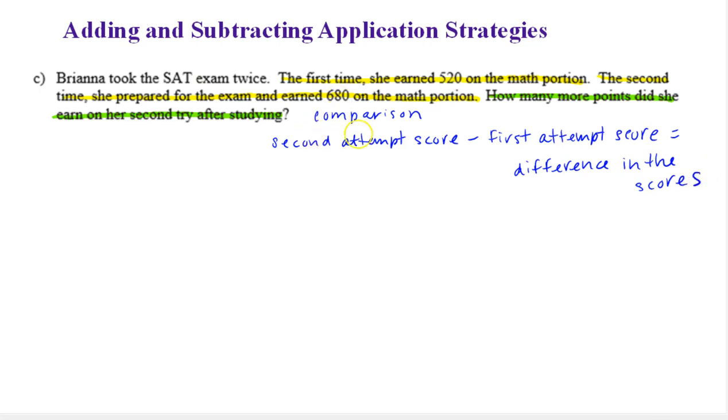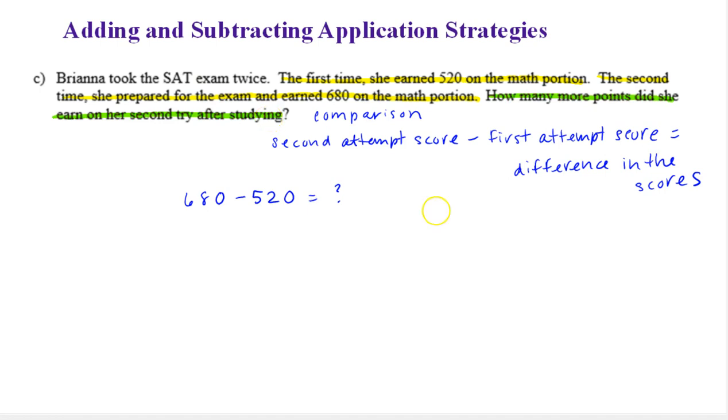So this one is straightforward. Since we pulled this from the chart, we know the second attempt score was 680, and we know the first attempt score was 520. And this will give us what we're looking for, how many more points she earned on her second try. So we don't have to rearrange anything here.